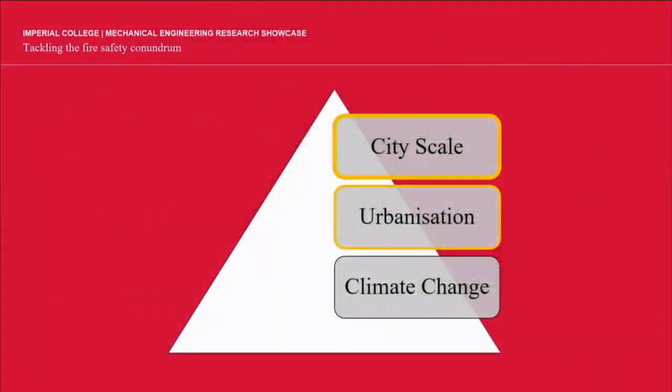So on the basis of hundreds of buildings having been constructed in this way, I will speak about the scale of the problem in the UK later, we were and are now dealing with a fire safety problem not from an individual building perspective, but at an entirely different scale. I use the phrase city scale.